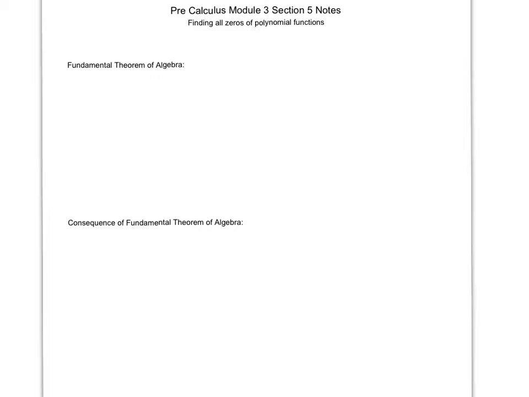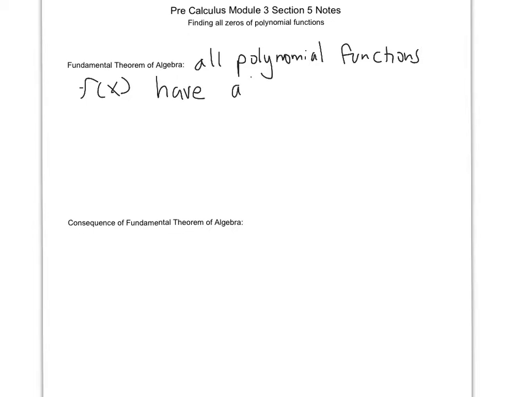It says all polynomial functions, we'll call them f of x, have at least one zero in the complex number set.